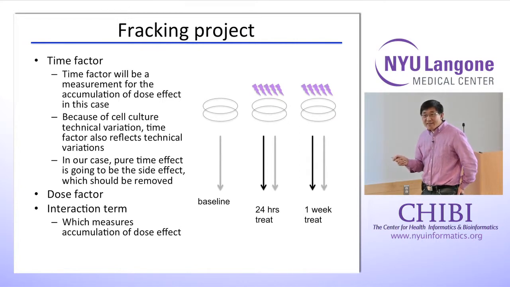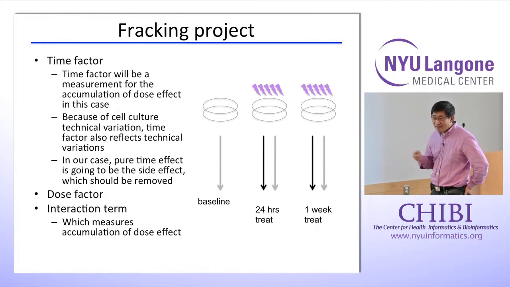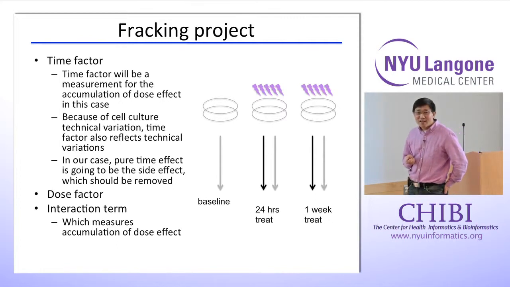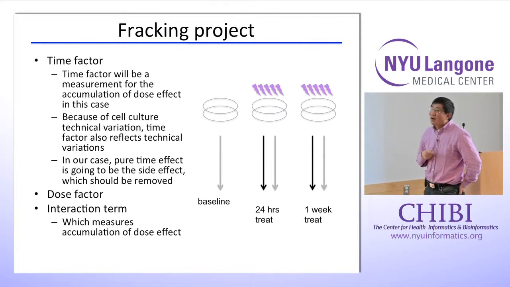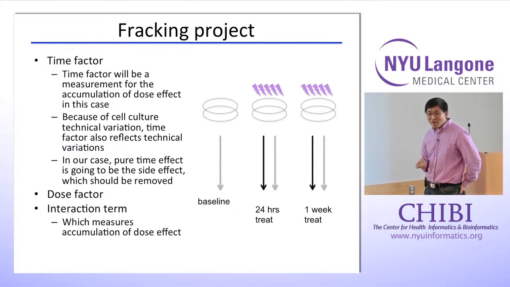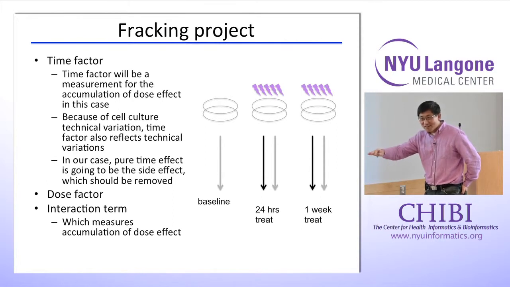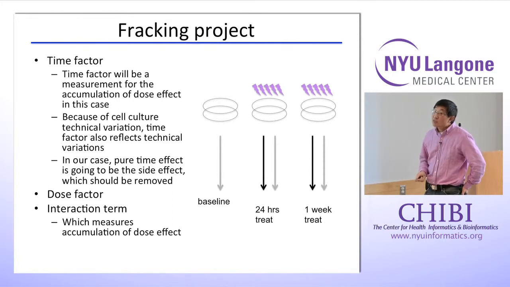the time as a culture factor, as a technical factor, has something to do with the gene expression. If you have done in vitro assays, you will know that. Even though you didn't do anything to the cultured cells, at the end, after culturing, when you compare the cultured cells with just settled-down cells, there are so many differentially expressed genes.